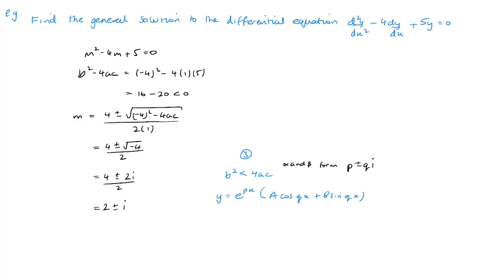Okay, p is the real value, so we've got y equals e to the 2x, a cos x plus b sine x, because obviously the i value there is just 1. And there we have the solution to this problem. Okay, hopefully this makes sense.